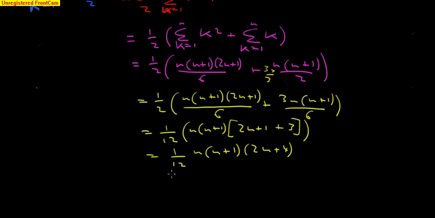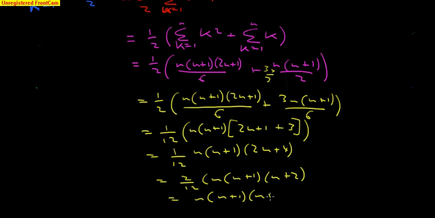We can take a 2 out of that and we'll get 2 out of 12 times n times n plus 1 times n plus 2, which is n times n plus 1 times n plus 2 all over 6. And that will be our expression for the sum to n terms of our original thing.